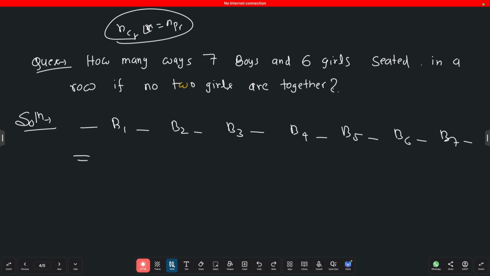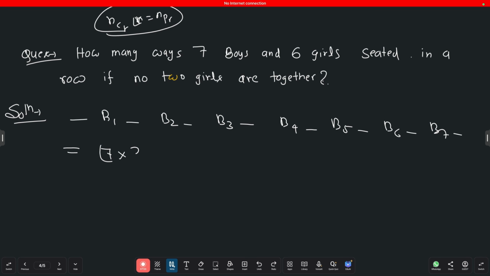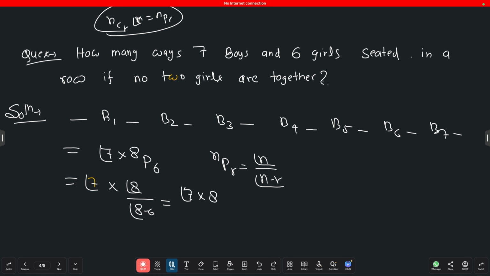Your answer will be 7 factorial for the boys, as all boys are obviously different, into 8C6 for the girls' places, or else directly 8P6. The formula of nPr is n factorial upon n minus r factorial. So the final answer is 7 factorial into 8 factorial upon 8 minus 6 factorial, which is 7 factorial into 8 factorial upon 2 factorial.